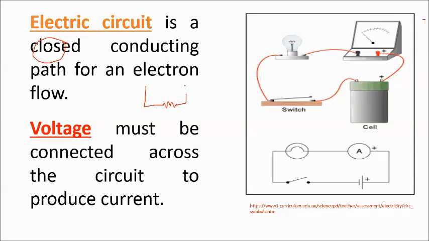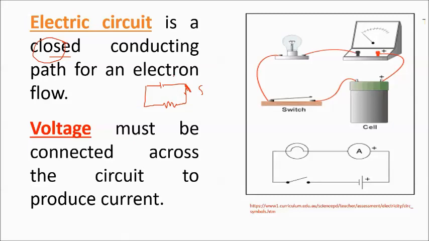Basically, kung merong switch and a source of EMF, simple circuit, no? So, kung ganyan lang, open yan, that is not closed, no? So, kung switch pa yan, kailangan pa yung isarado para maging closed conducting path for an electron flow.